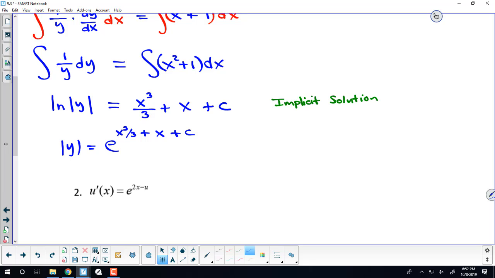Do we need the absolute value there? No, because e to this power, no matter what it is, is always positive. So is that all right if we just say that instead of writing it out? Okay.